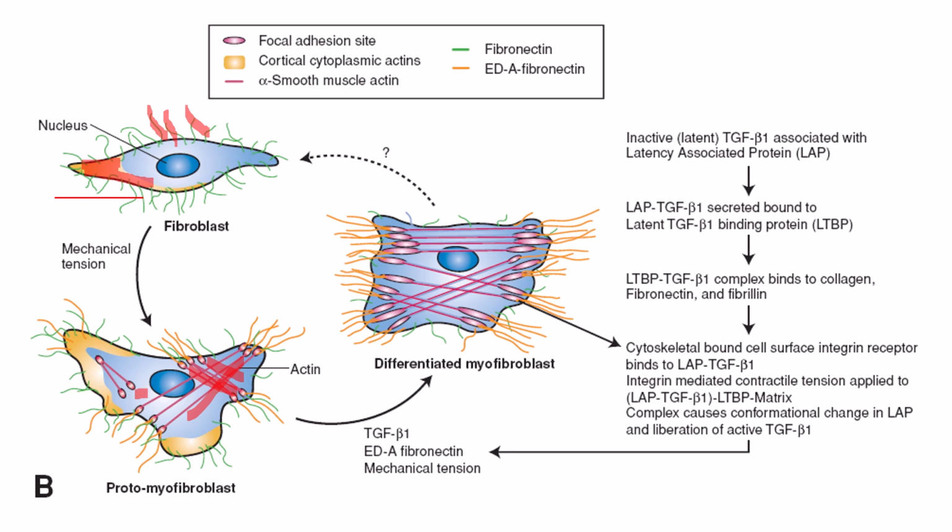These stress fibers are formed under the influence of mechanical tension and transforming growth factor beta 1. So these pink lines are developed, and these are still connected to the extracellular matrix by focal adhesions. These pink ovals are focal adhesions.